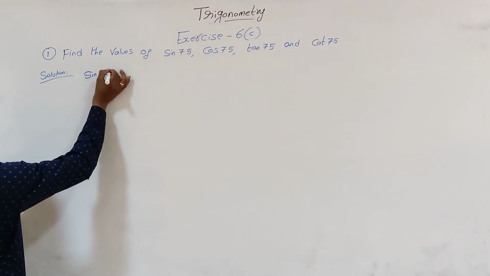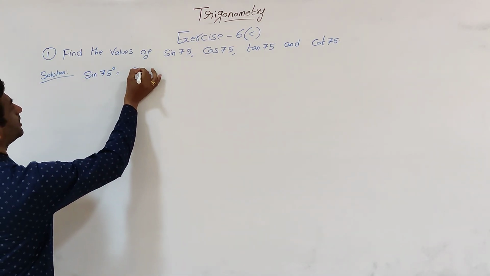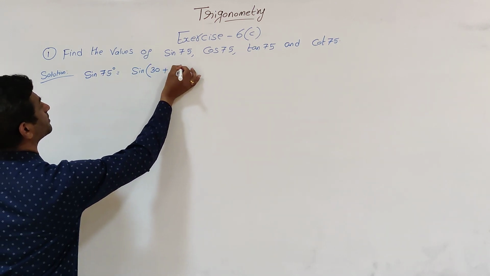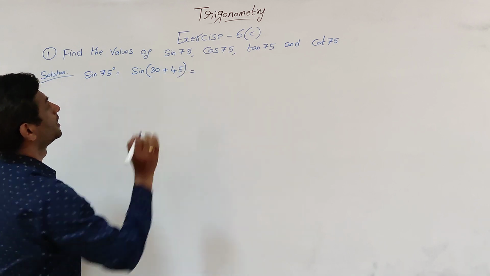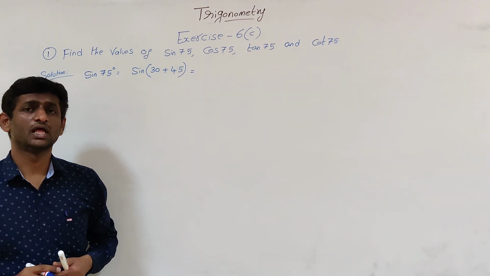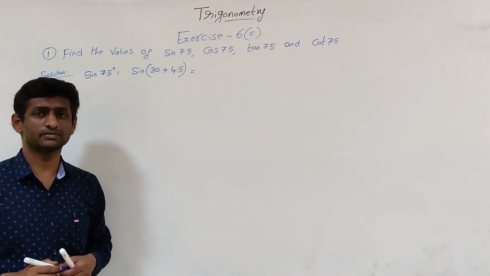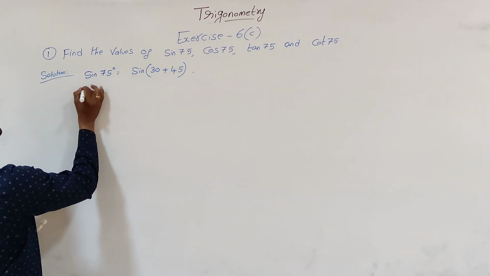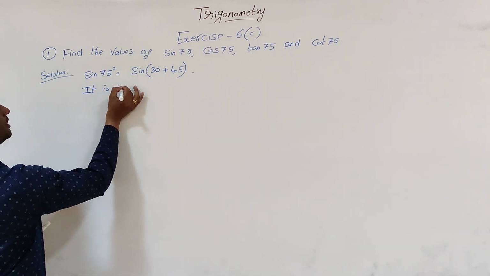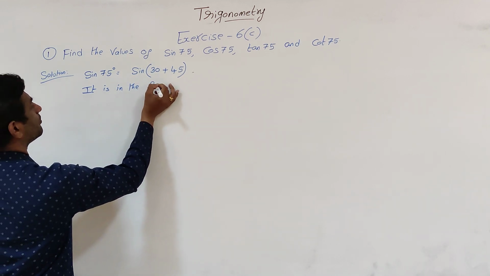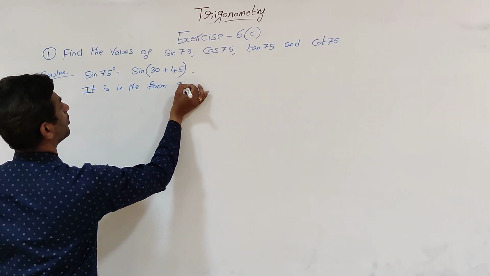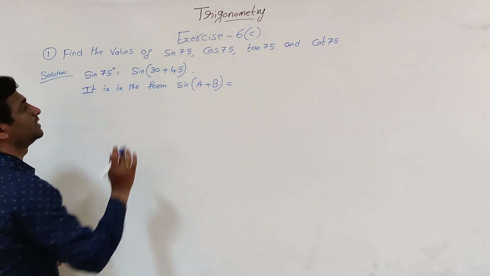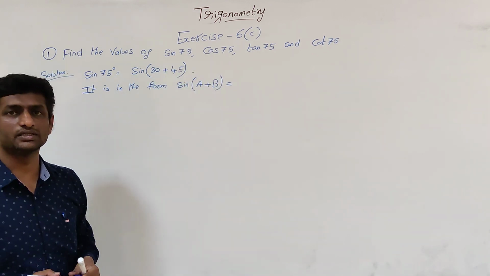Sine 75 degrees. Sine of 75 can be written as sine of 30 plus 45. Now it is in what form? Sine of A plus B, where A is 30 degrees and B is 45 degrees.